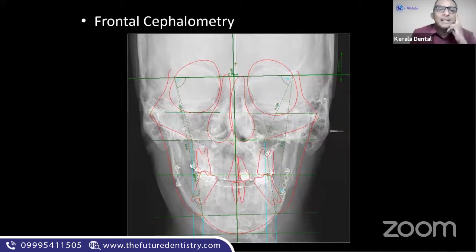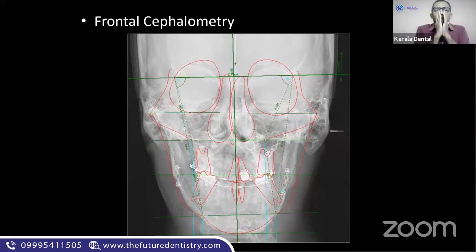Do not forget there is something called frontal cephalometry also. Heard about that? Lateral cephalogram is so famous. Have you heard about frontal cephalogram? That's also important. Frontal cephalogram is like front view, AP view, anterior posterior view. What is it trying to explain here?